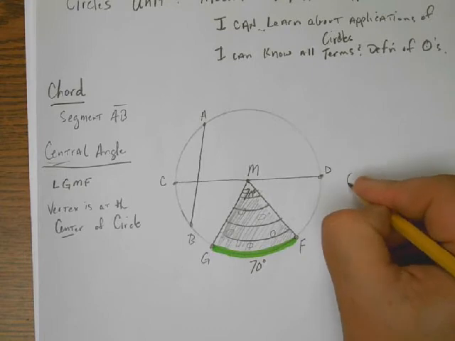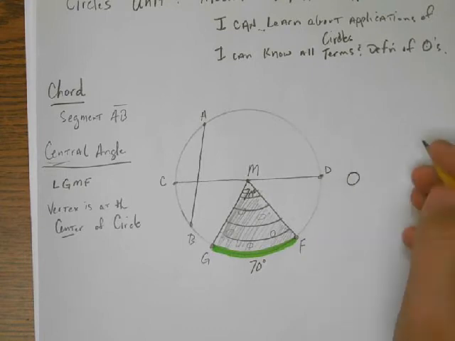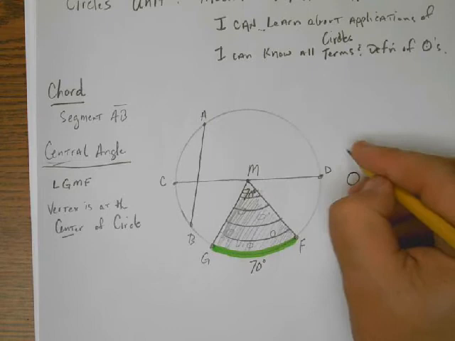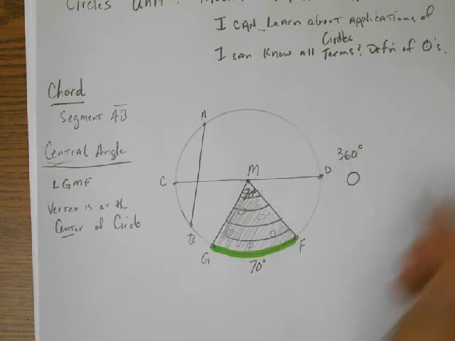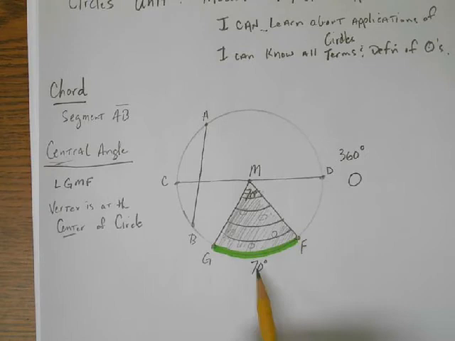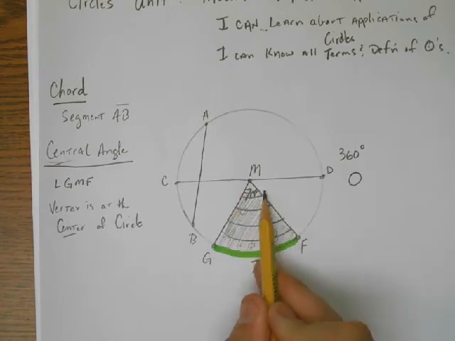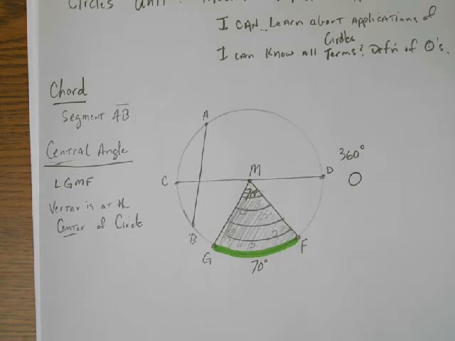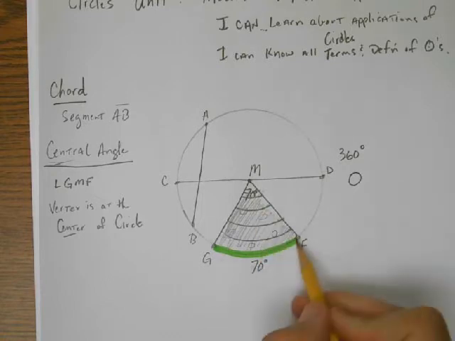Remember, no matter if the circle is this small or this big, they all have a total of 360 degrees. Does not matter how large or tiny the circle is. So it doesn't matter if the arc is here or here or here. They're all 70 degrees. Does that make sense? I can get my protractor out and measure it, but it's going to be the same.